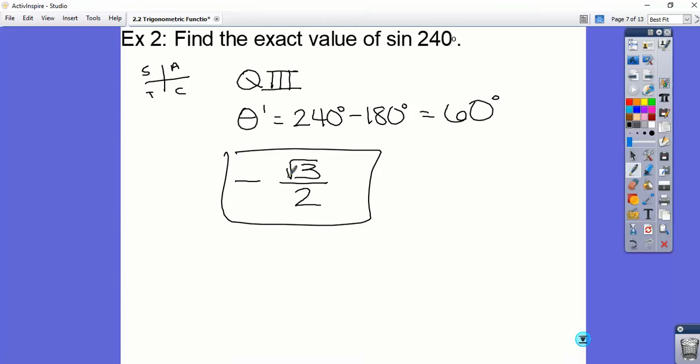And my answer is negative radical 3 over 2. That's it. Let's practice some more.